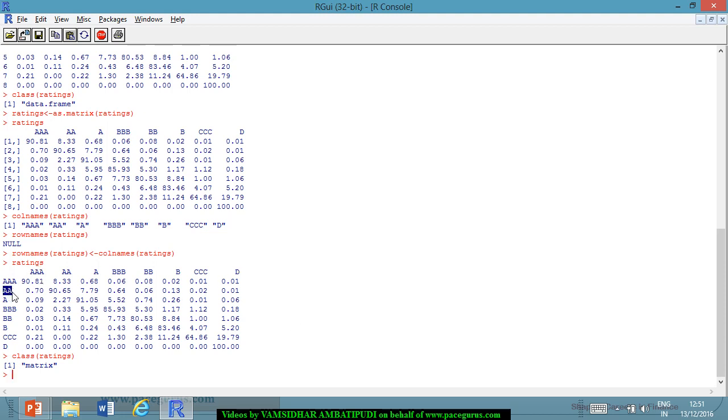Similarly, for a AA rated firm, there is a 0.01% chance that it will default. Whereas a triple C rated firm, there is a 19.79% chance that it will default within the next 1 year. So there is some risk associated with lending to these kinds of firms.